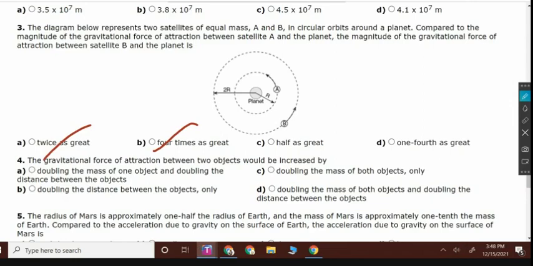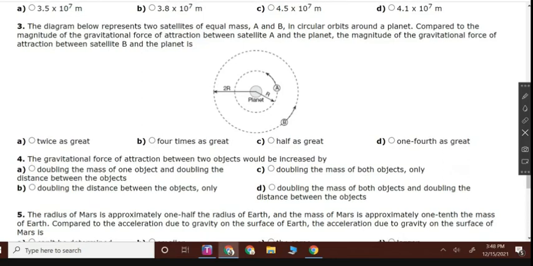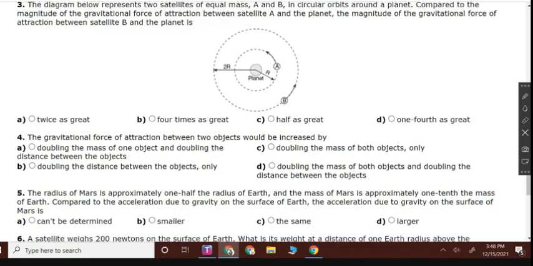Twice the distance, 1/4 as great, just like before. You square it and then invert, because F and r are inverse. Here's another nice one. These relationships are the plug-ins, so stay with the plug-ins.